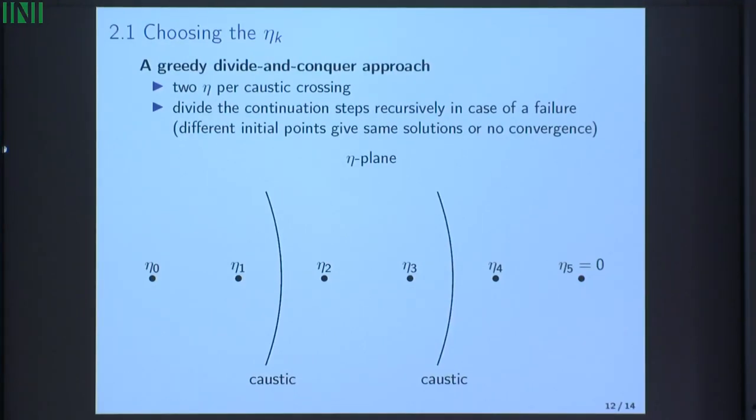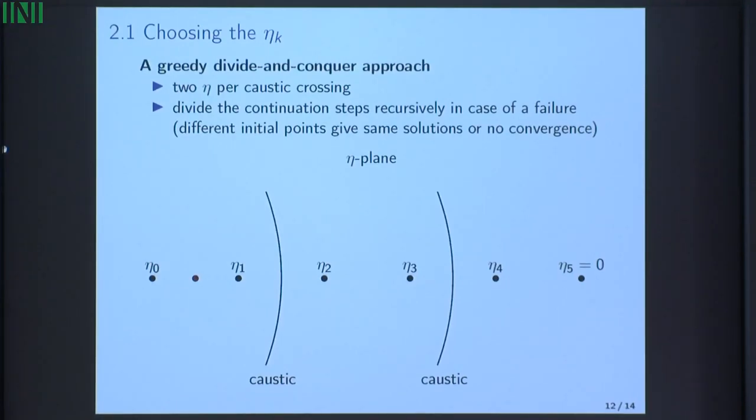And now we try our best. Even if this is a very large step, if the step fails, and fails means that we have different initial points converging to the same solution, then we introduce a substep. So just divide and conquer, and then try it again for both substeps.